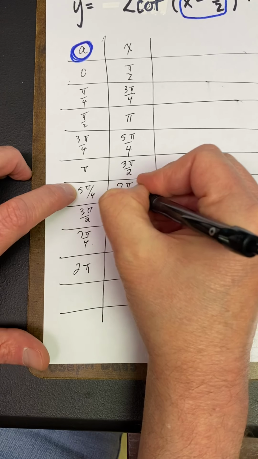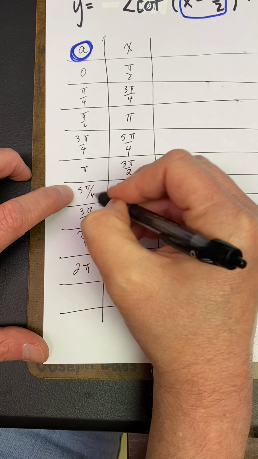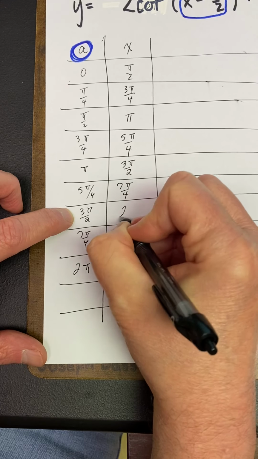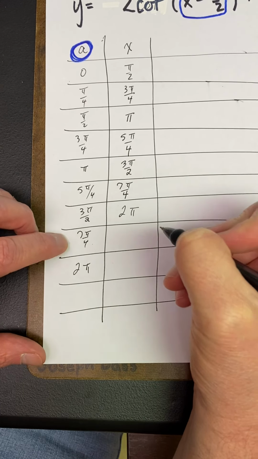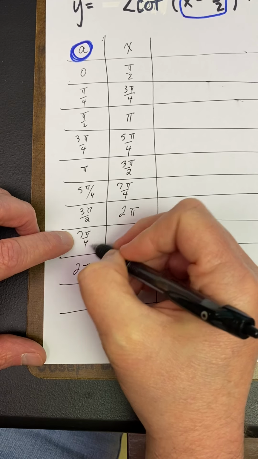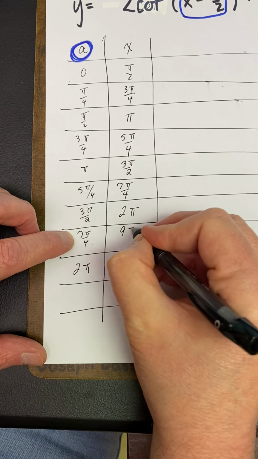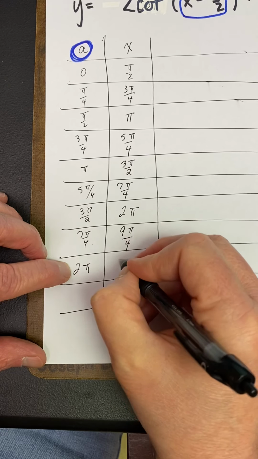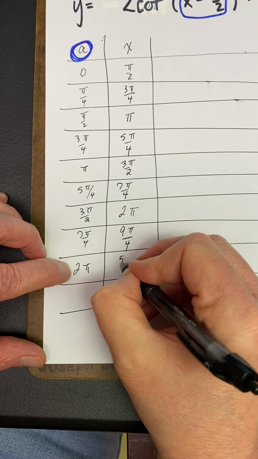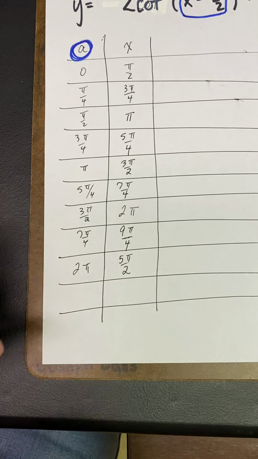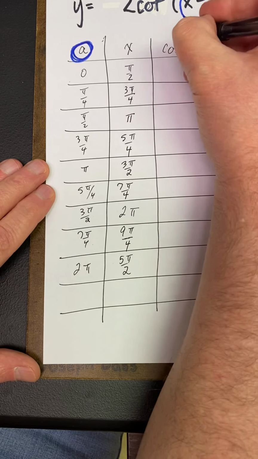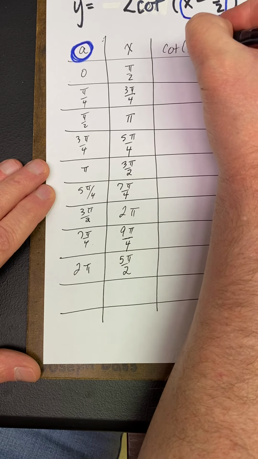This is 7 pi over 4 if you add pi over 2. 3 pi over 2 plus pi over 2 is 2 pi, because it'd be 4 pi over 2. 7 pi over 4 plus pi over 2 is 9 pi over 4. And let's see, 2 pi plus pi over 2 is 5 pi over 2.